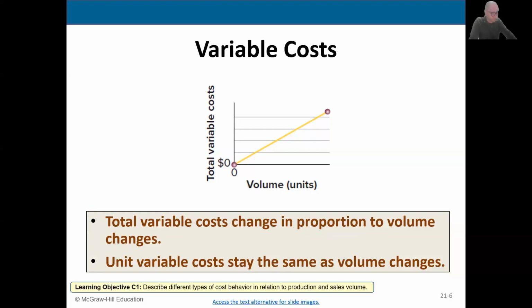Here's an example. Let's say 1 unit of product requires $20 of direct materials.